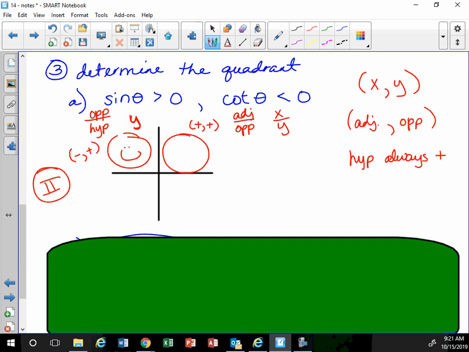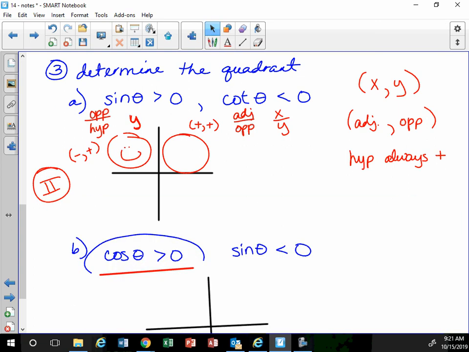You can't just look at it and go, okay, it's quadrant 3. Like, you need to process of elimination, work your way through the given information, okay? All right, let's try one more in our notes, and then we'll do some practice.